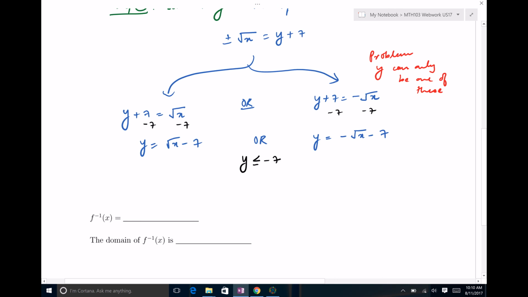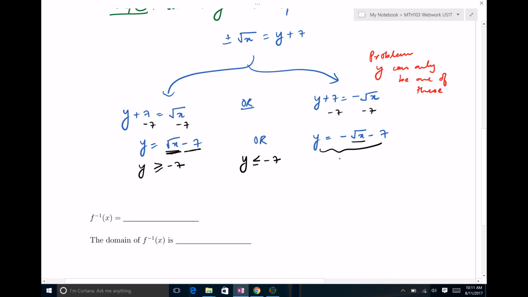Now, considering that the square root of x is always a positive quantity, if I take -7 and if I add square root of x to it, in this case y is going to be a number that's greater than or equal to -7.